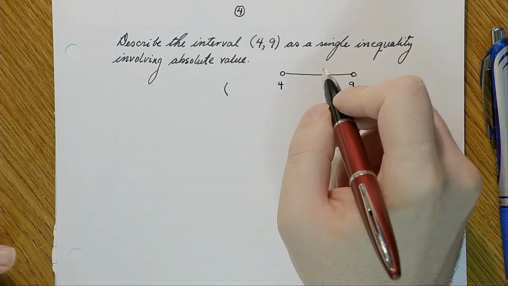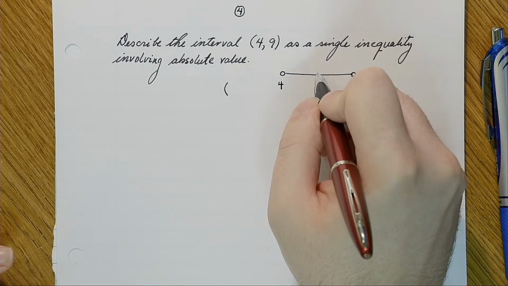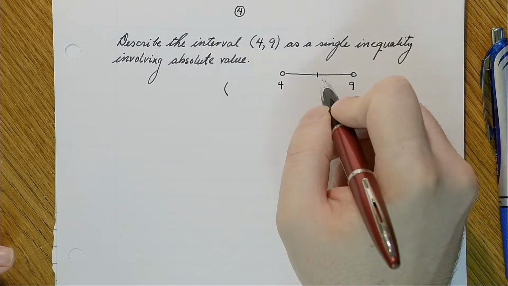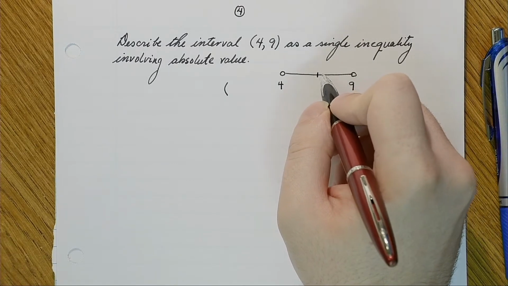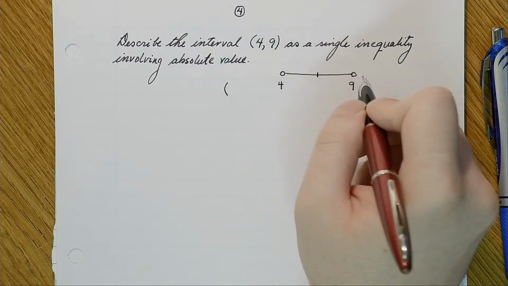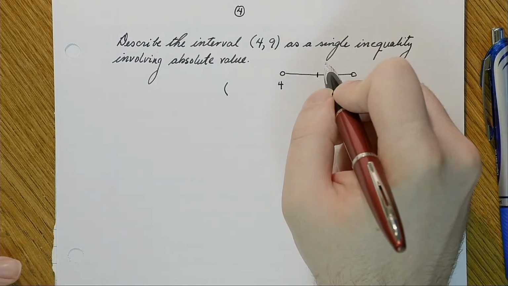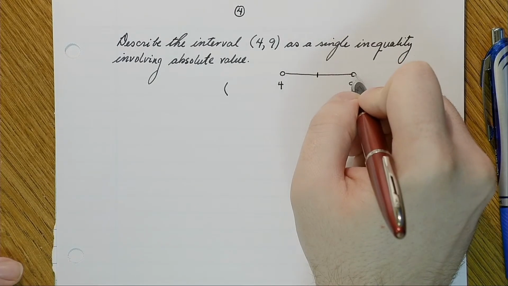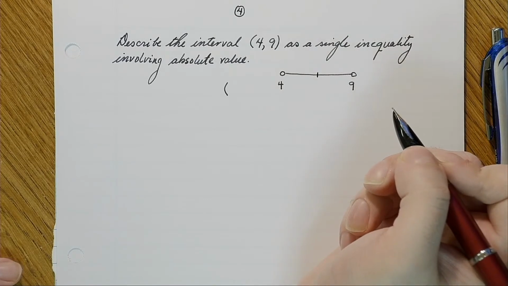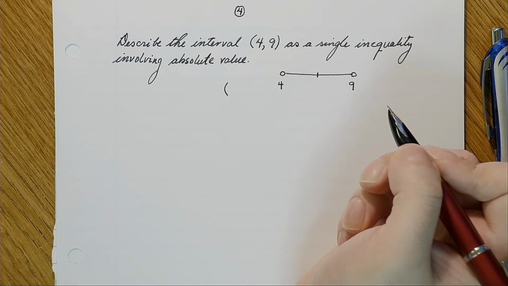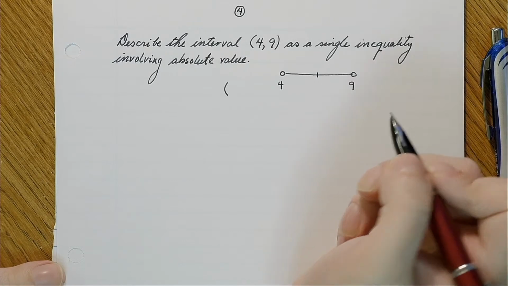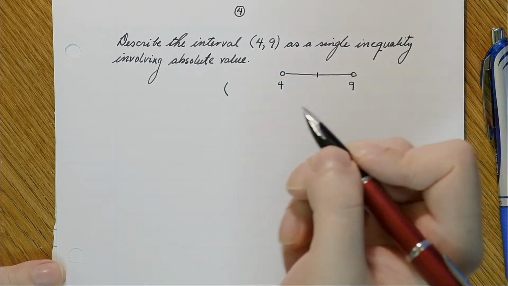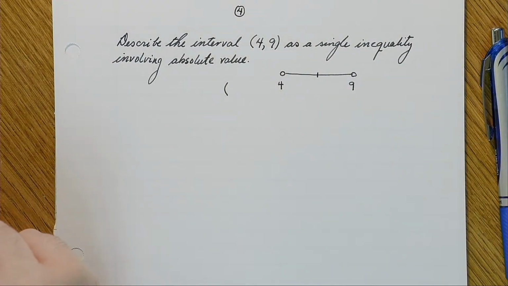What we want to do is find a midpoint, say in the middle here, and then it's going to be plus or minus on either side. Then we'll have to find a distance from that midpoint to the endpoint, and that will give us our R.